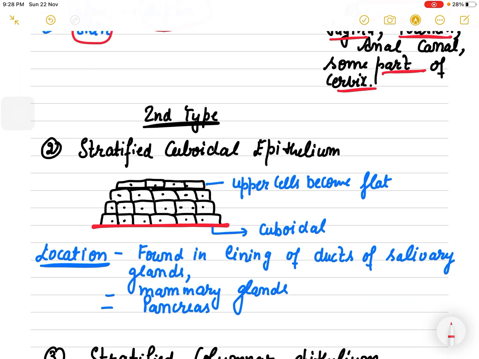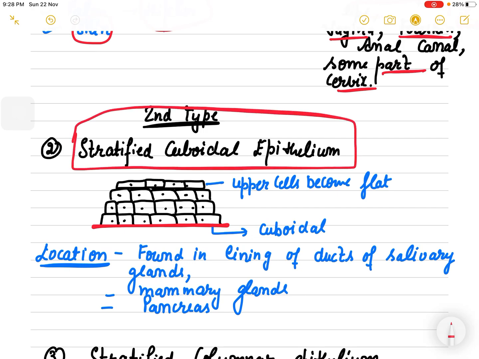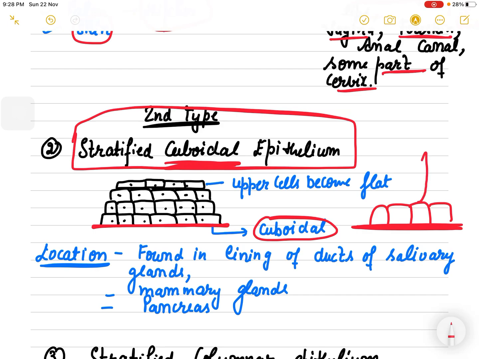First was the stratified squamous epithelium. The second type is stratified cuboidal epithelium, in which cells are cube like. But the name cuboidal is given only because of the lower cells, because once you start moving to the upper area, the cells start becoming flat, right?